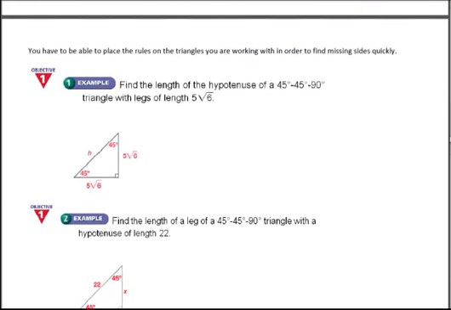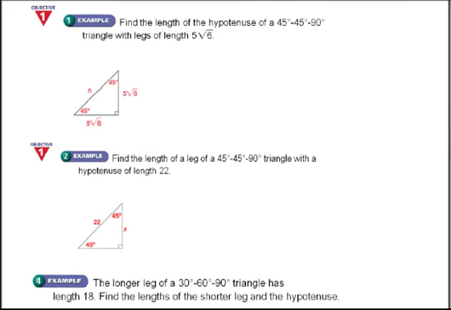Now I want to give you a word of caution. The problems I'm giving to you as examples are challenging, more challenging than even some of your homework problems. So if you can understand these, then you're going to understand your homework without any difficulty. Your homework is actually going to be easier than these examples. I want to give you the hard examples so if you come across a hard problem, you'll understand.